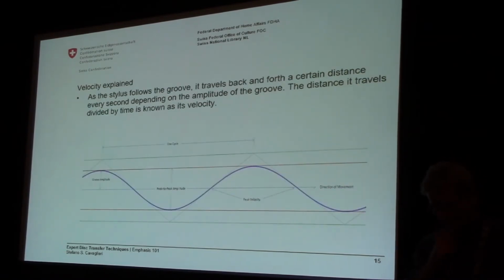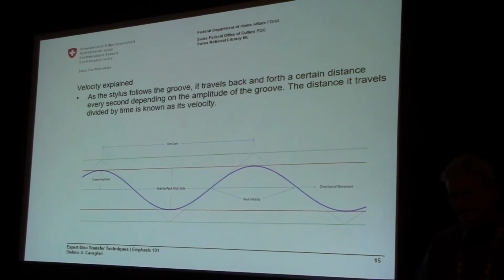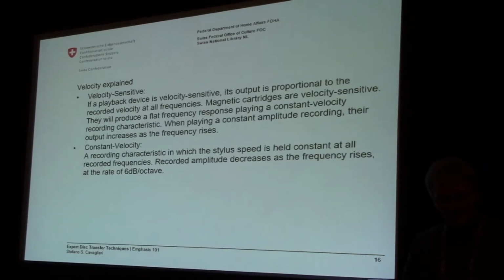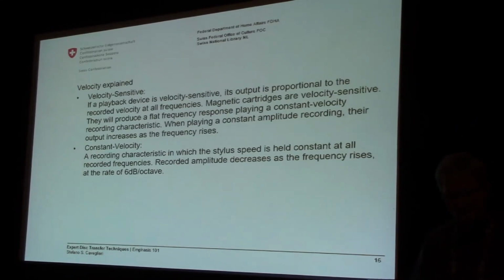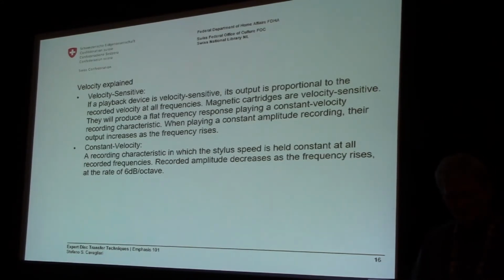Now, coming to velocity. Velocity is the distance a stylus travels within the groove divided by time. If we talk about a velocity-sensitive device, such as a magnetic cartridge, for example, it produces a flat frequency response only if playing a constant velocity recording characteristic.